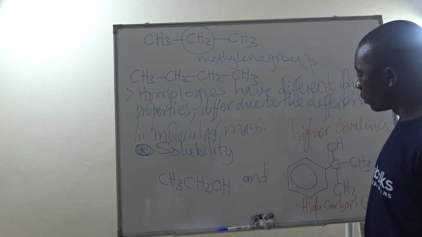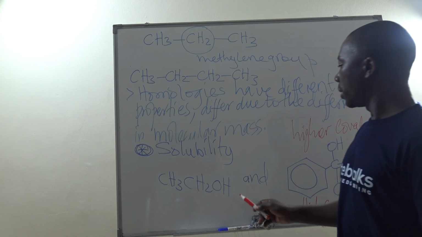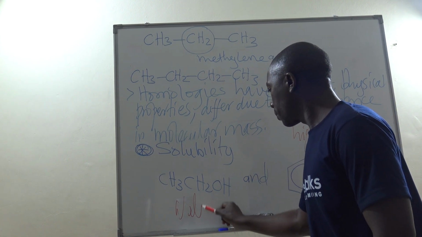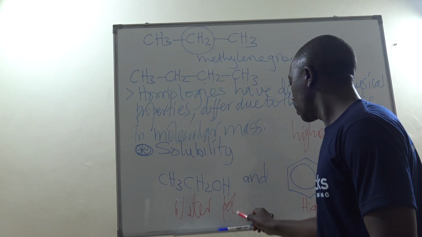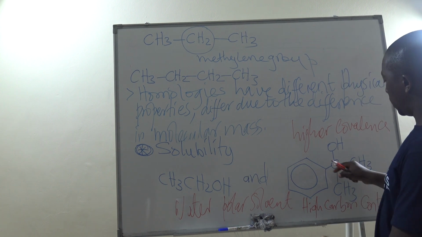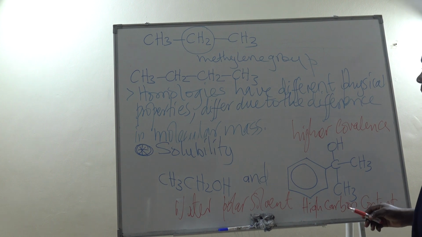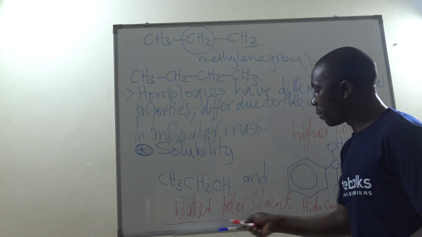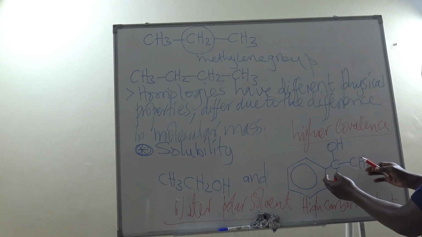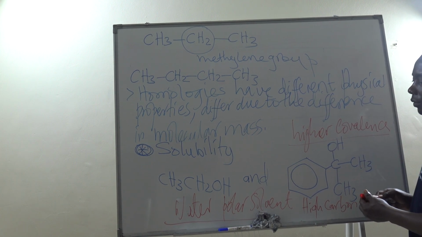Remember, for the two compounds to be soluble, they should be able to dissolve in water, and water is a polar solvent. Now, as the carbon content increases, there is an increase in covalence. But water is a polar solvent, which does not dissolve covalent compounds. So the increase in the covalence causes a decrease in the solubility, as far as water is concerned.